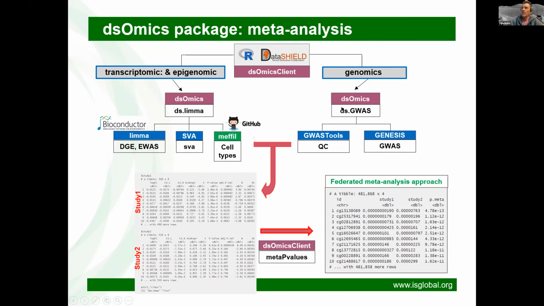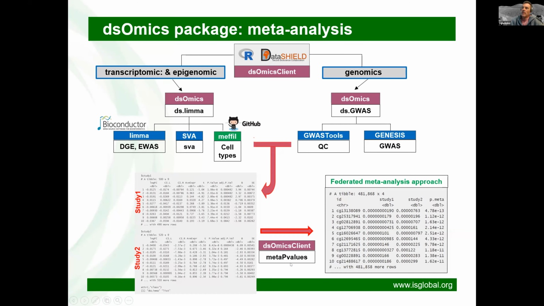I mean, dsGWAS runs GWAS data analysis at each study level, okay? And then this summarized data, which corresponds to the beta value, standard errors, confidence intervals, p-values, are sent back to the client side, and then we can meta-analyze the data using our function called meta p-values, or another function that is meta beta values. Okay, we run this.